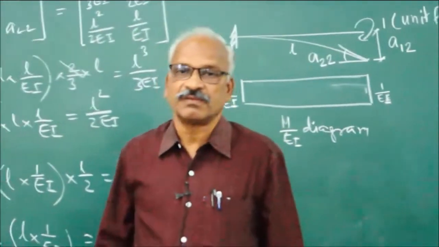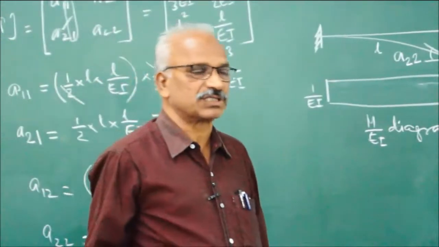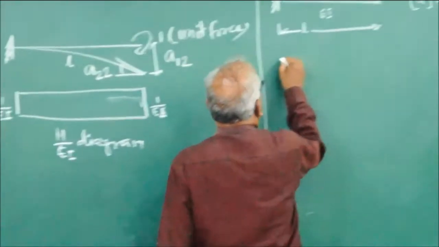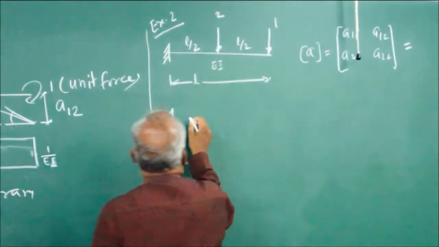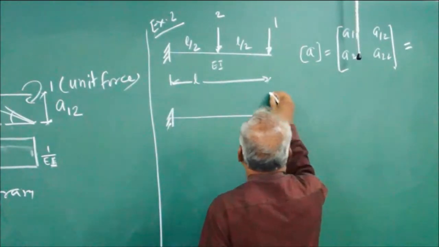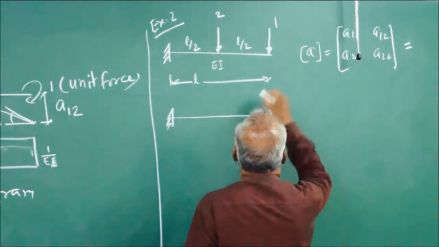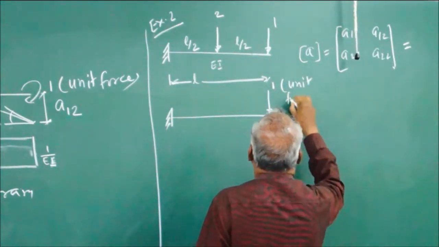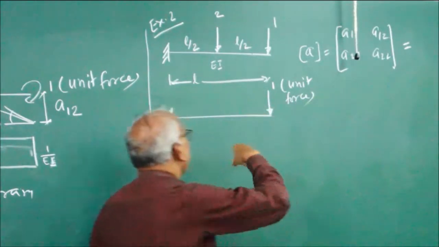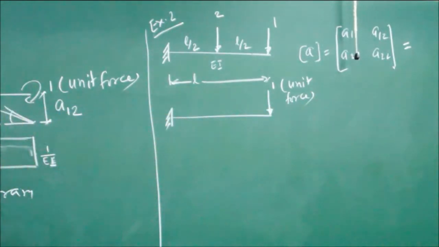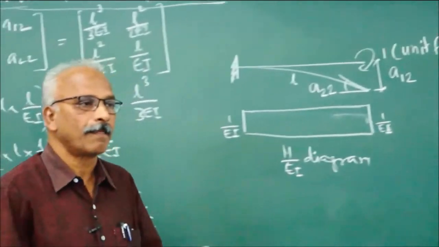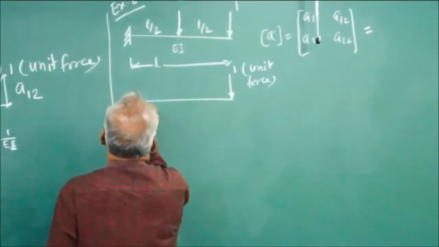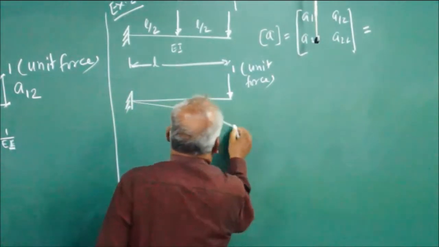So A will be consisting of, first column, you apply unit force along coordinate 1 only. This one stands for unit force. You are applying unit force along coordinate 1 only. But here, this is a different shape.